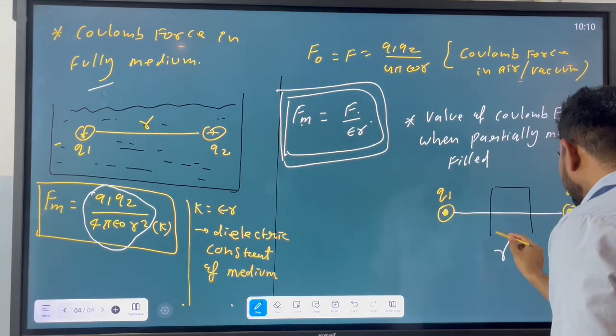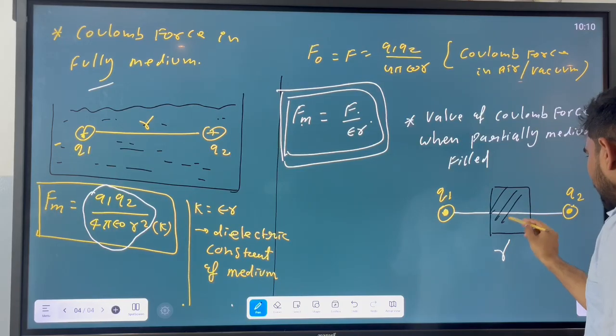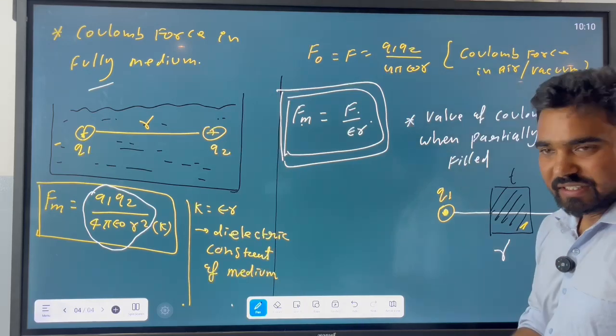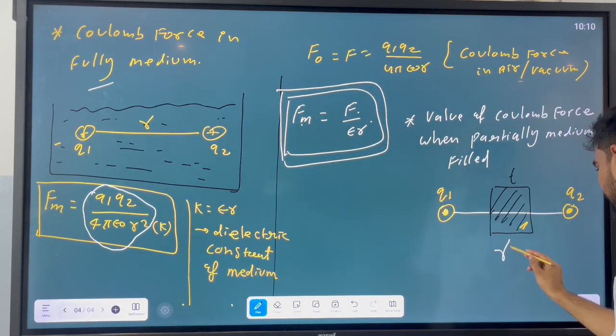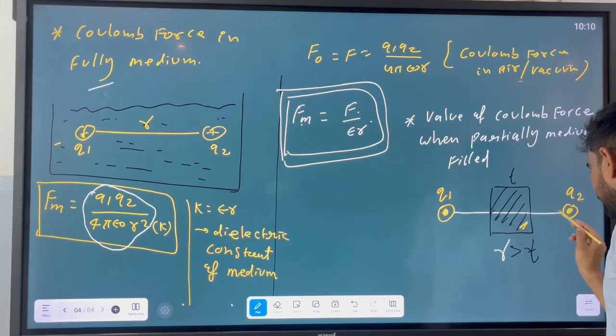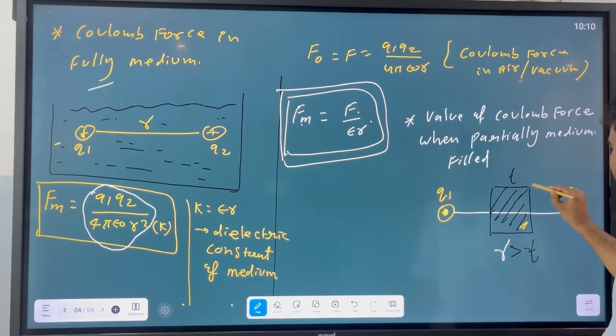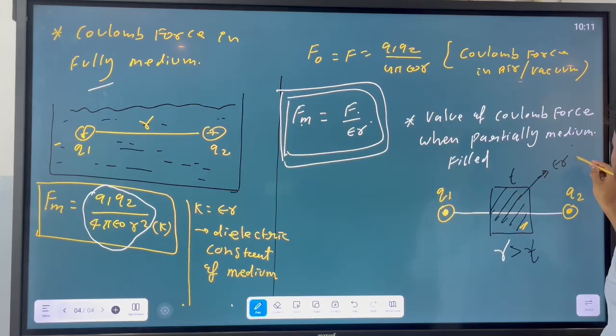This is a slab of dielectric material and the thickness of the slab is t, where t is much less than r, meaning r is greater than t. The dielectric constant of this slab is epsilon r, or can be written as a small k.